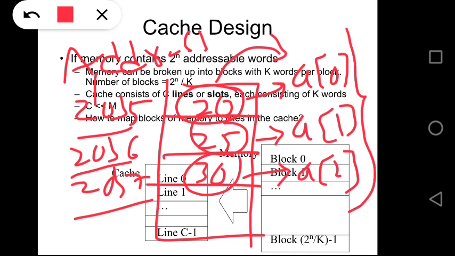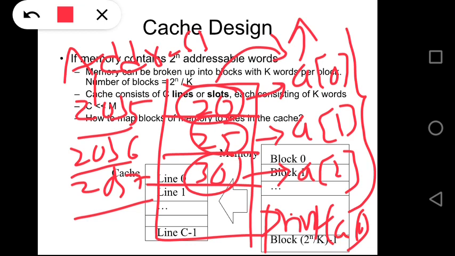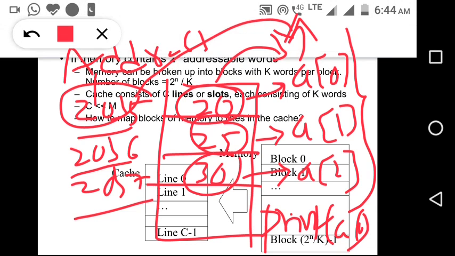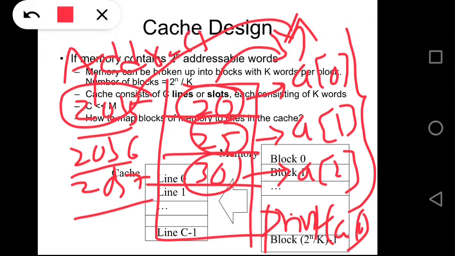If the user says A of 0, let's assume the statement is print A of 0, then the base address A contains 2035. So this 2035 is referred.